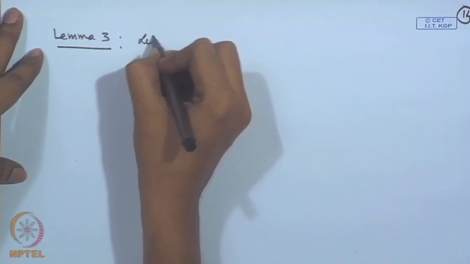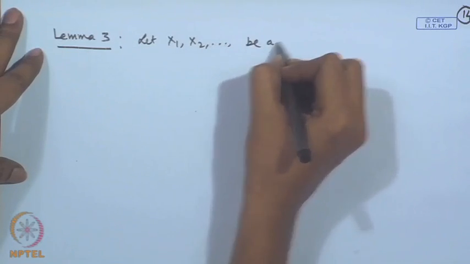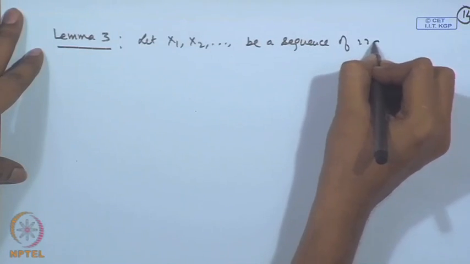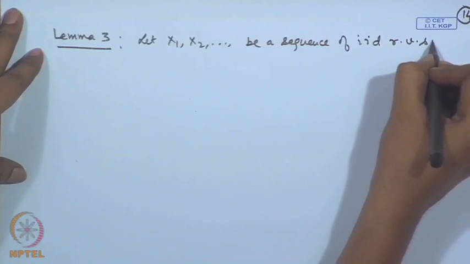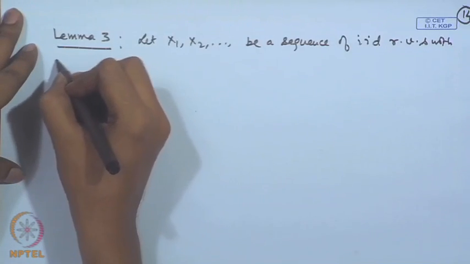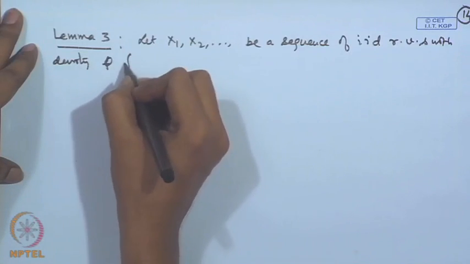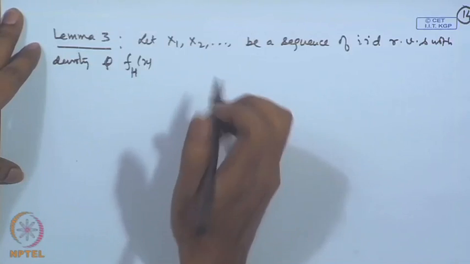So, as before, let x 1, x 2 and so on be a sequence of independent and identically distributed random variables with probability density function given by, say, f h x. So, this h denotes that we may have different hypothesis values h naught and h 1 etcetera. So, under h we are writing f h x.